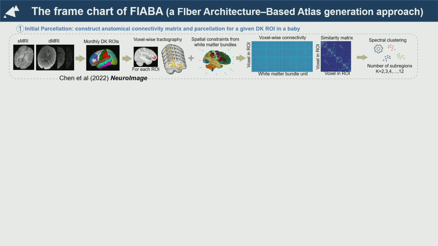In this matrix, each element represents the probability of fiber tracks passing from specific voxels through each white matter bundle unit. And we also calculate a similarity matrix. Then by applying spectral clustering on the similarity matrix, we can divide each DKLI into several subregions.